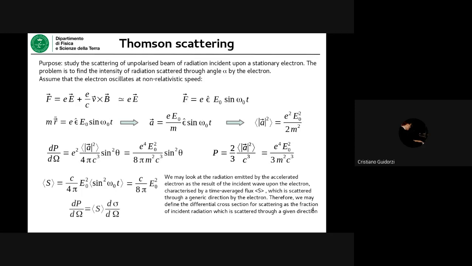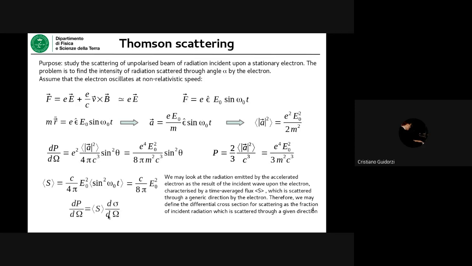In particular, you see, dP over d omega is power per unit solid angle. You can see power as flux, which is the Poynting vector. The Poynting vector is power per unit area. So you can see this as the flux, the Poynting vector times an area, which we call d sigma, over d omega.